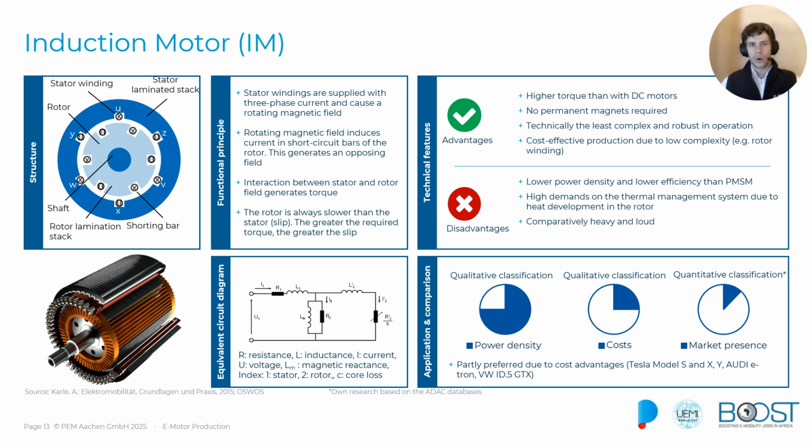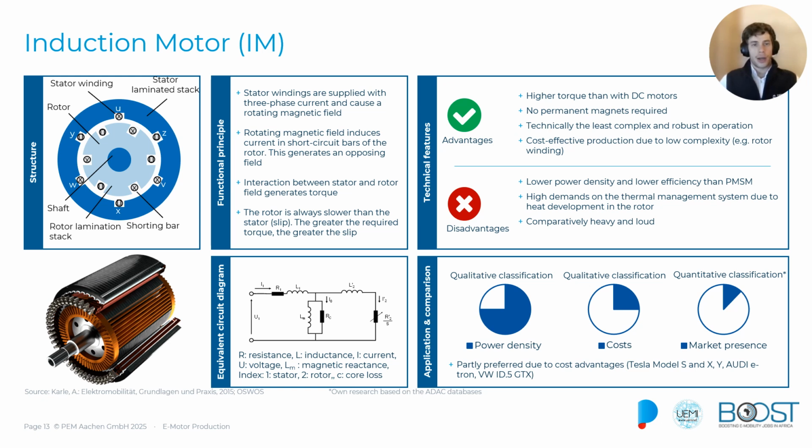The third popular design in the market is the induction motor. As the name suggests, it works by induction from the stator to the rotor. We use short circuit bars as conductors in the rotor and no coils like in the EESM. We can see that in the picture.